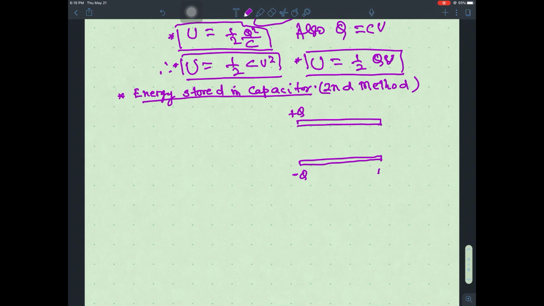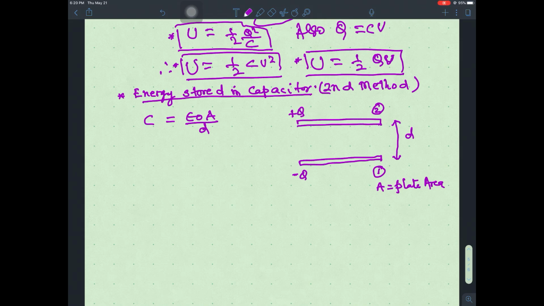This is plate number 1, this is plate number 2, D is the separation between the plates, and A is the plate area. The capacitance of this parallel plate capacitor is C equal to epsilon naught A by D.